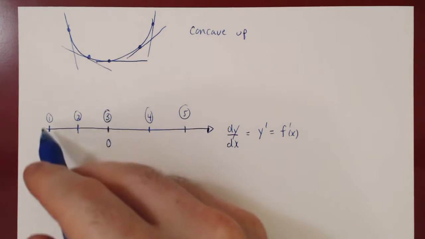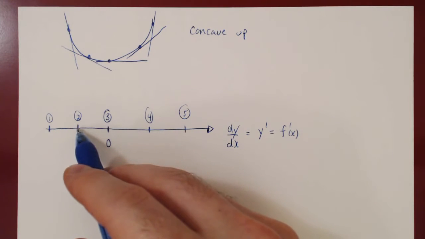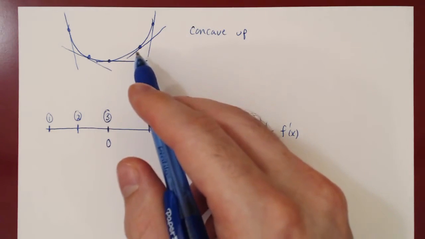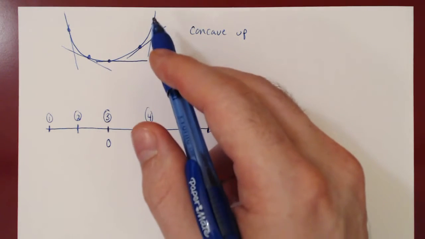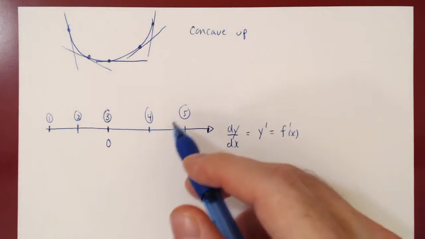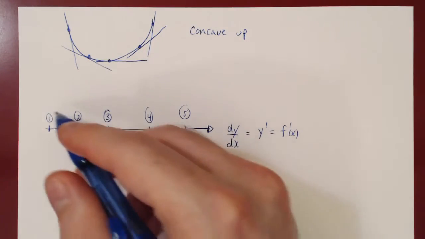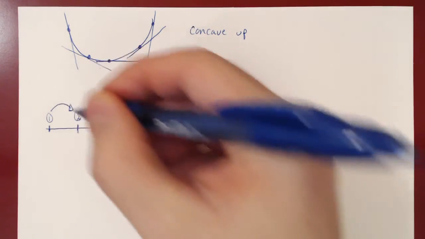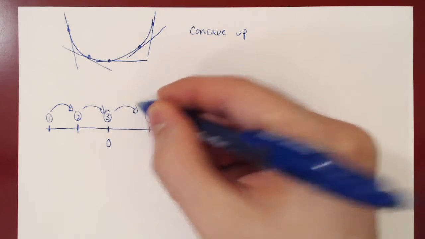The derivative was very large and negative, then it was still negative but a little smaller, then it was 0, then we kept going to the right, it was positive, so even bigger, more to the right, positive and even steeper, so an even bigger value. So you see as we went from left to right, the value of the derivative got bigger. It was negative, it was a little bigger, little bigger, little bigger.